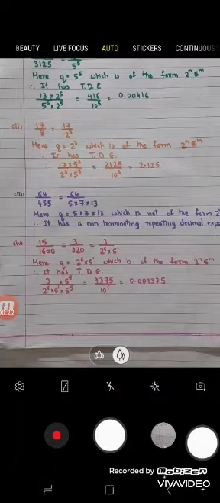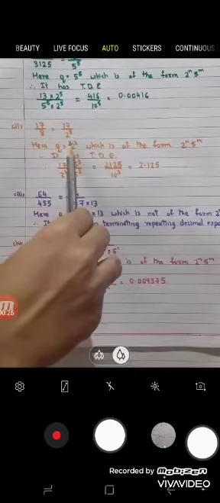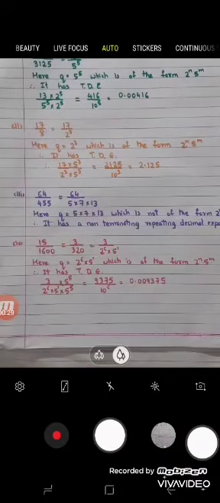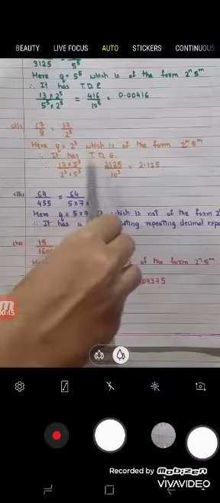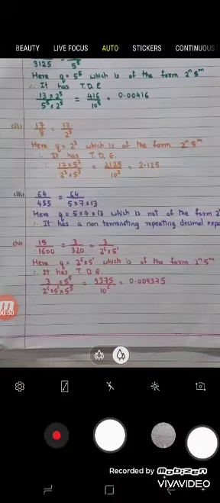Turning to question number 2, 17 upon 8. The denominator we have to convert into the form of a power. So 8 means 2 raised to 3. Again here you can see q equals 2 raised to 3, which is in the form of 2 raised to n multiplied by 5 raised to m. Children, I have already explained that the denominator should be in the form of 2, or 5, or 2 and 5. So here the denominator is in the form of 2, which is of the form 2 raised to n into 5 raised to m.